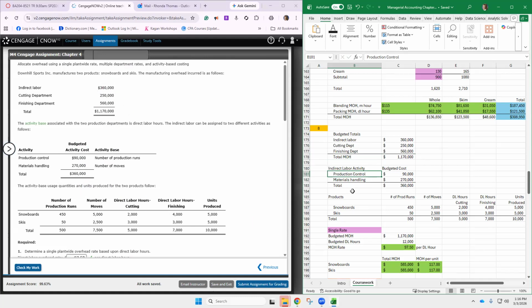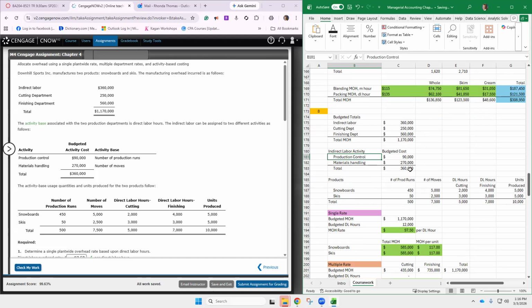Okay, so there we have it. All right, let's do this. So I have all these numbers here. So now we're going to do products. We're going to just put this information in just like they show. We have snowboards. Here's the number of production runs, products versus skis. Here's the number of moves, snowboards versus skis.